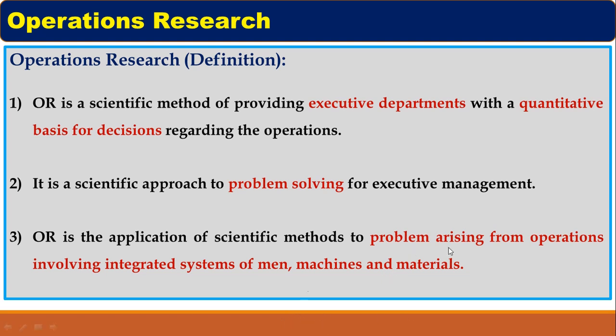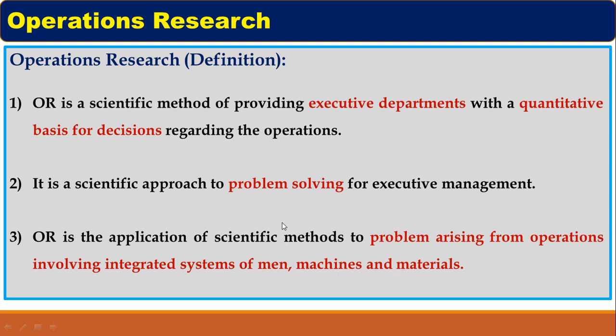So the problems arising from this integrated system of man, machine, and materials are solved by this scientific method that is known as OR. Now what type of problems arise in the integrated system of man, machine, and materials?